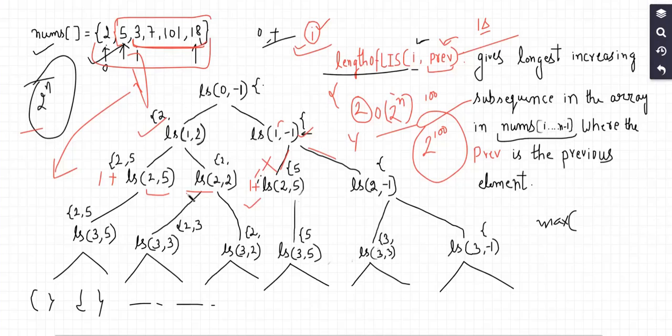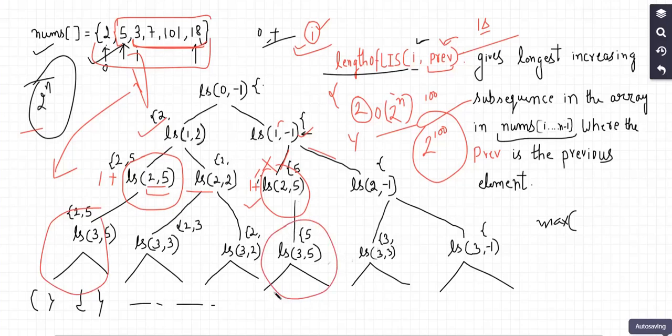The second property is overlapping subproblems, that is, the subproblems are repeated. So we can see here this function is called here, and it is called here again. This call is called here, and it is called here again. So we have repeating problems. The subproblems are repeating.